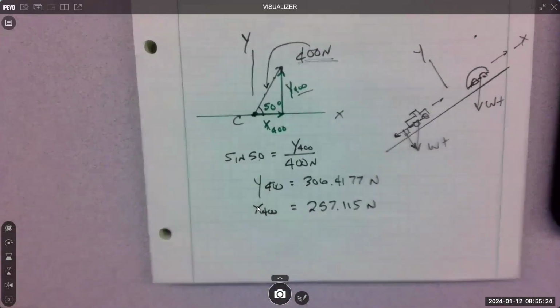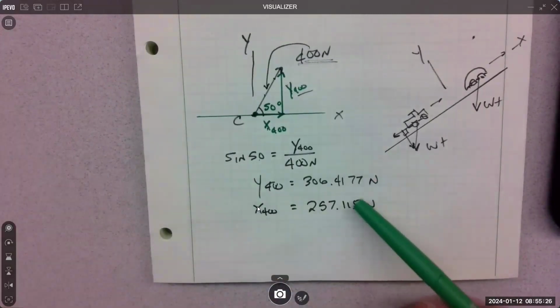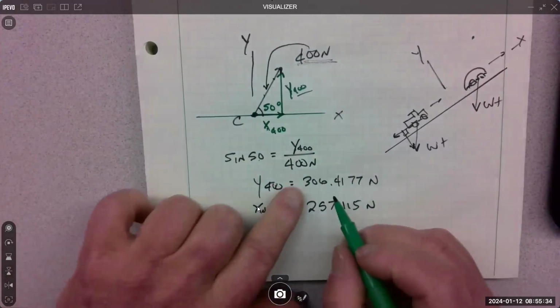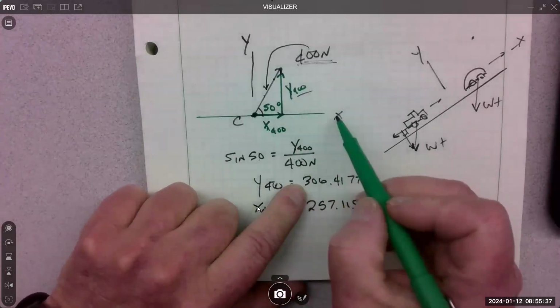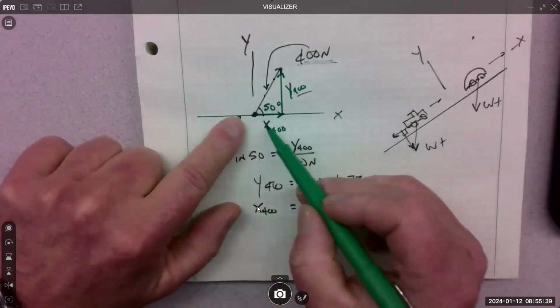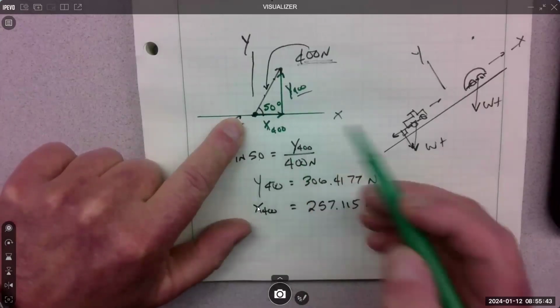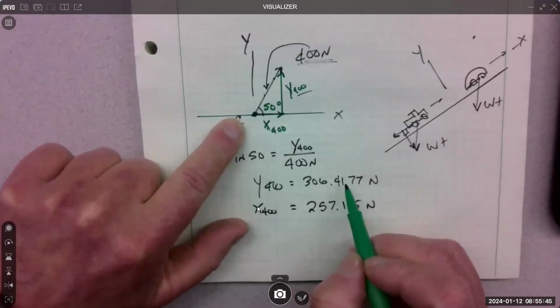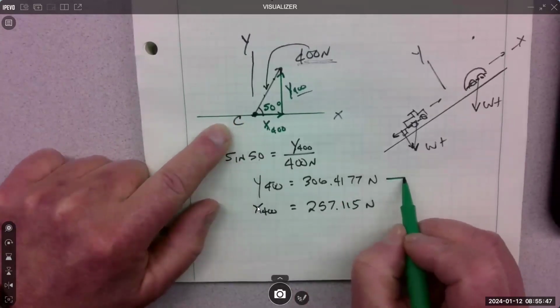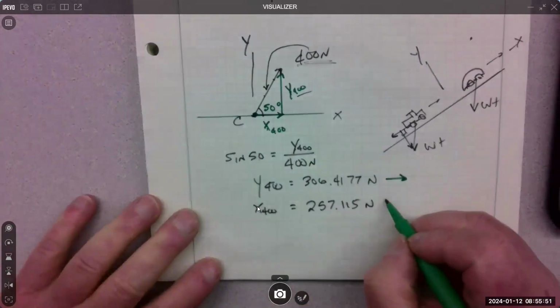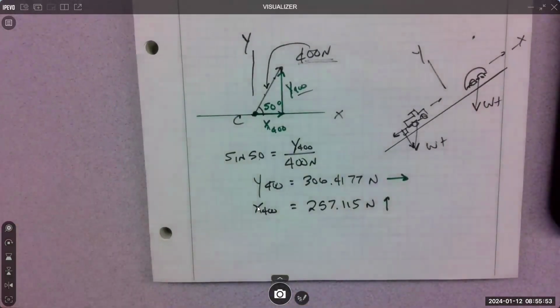All right. I got my units because these are the Newton effects in each direction, right? There's another notation that's very nice. If it's positive to the right, this is a positive force, the x component of the 400. So it's positive, that's great. I would put a little vector positive to the right, and a little vector positive and up.